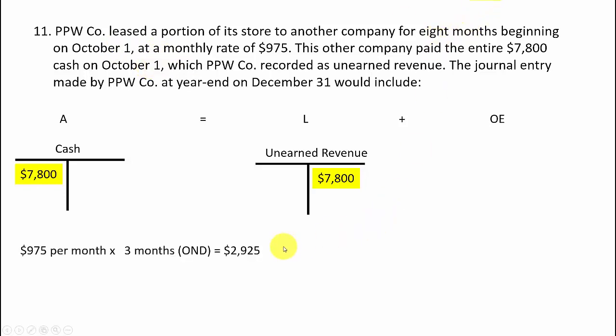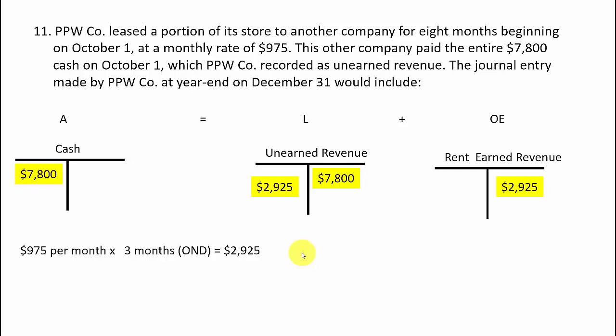So we will take $975 per month, which is the amount of rent per month, times 3 months, October, November, December, and of this $7,800 we have earned as of December 31st $2,925. So we're going to remove $2,925 from the liability as a debit, and we're going to credit rent earned revenue for $2,925. Here it is in a journal form.